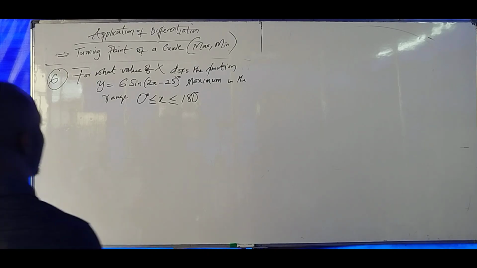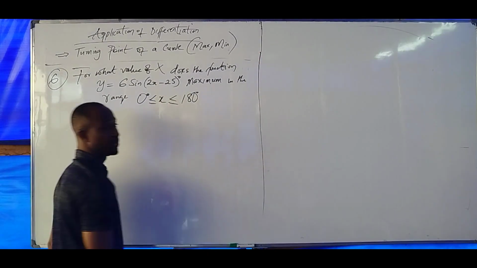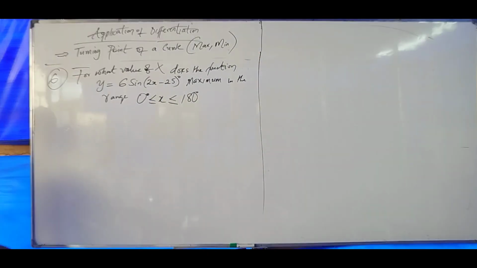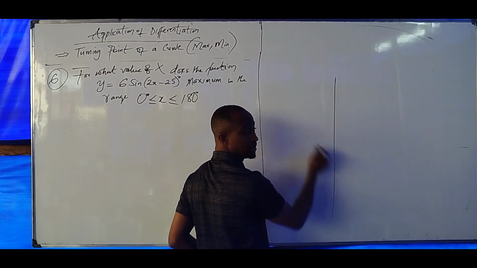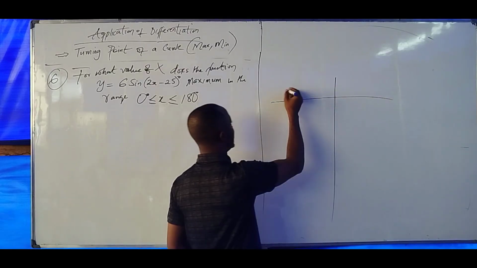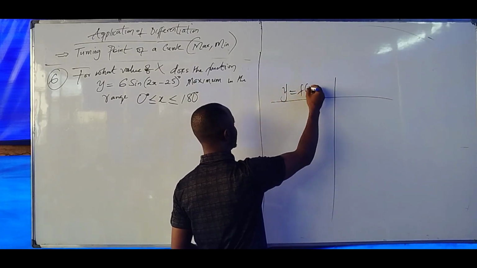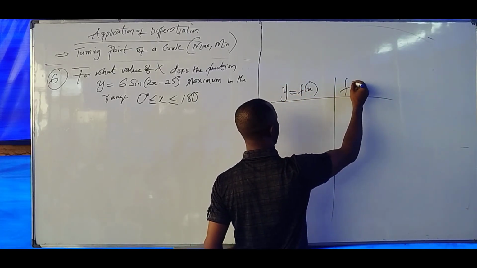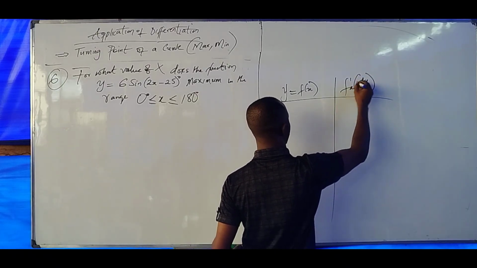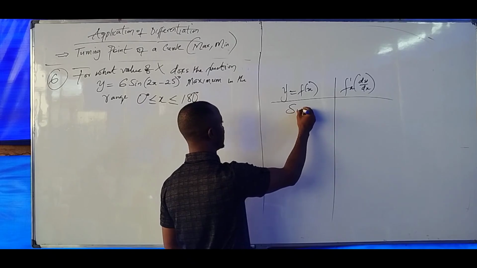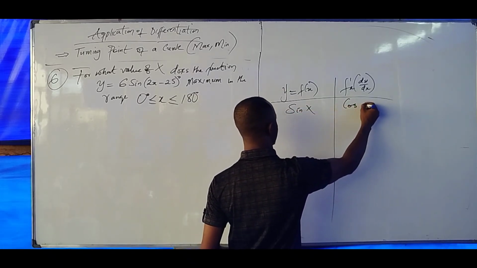Now listen please. This is as simple as other examples I gave. Just remember I gave what we call a differentiation table. If we have y equals f(x), and then we have our f prime, same as dy/dx, f prime x. When you differentiate sine x, it is cos x.